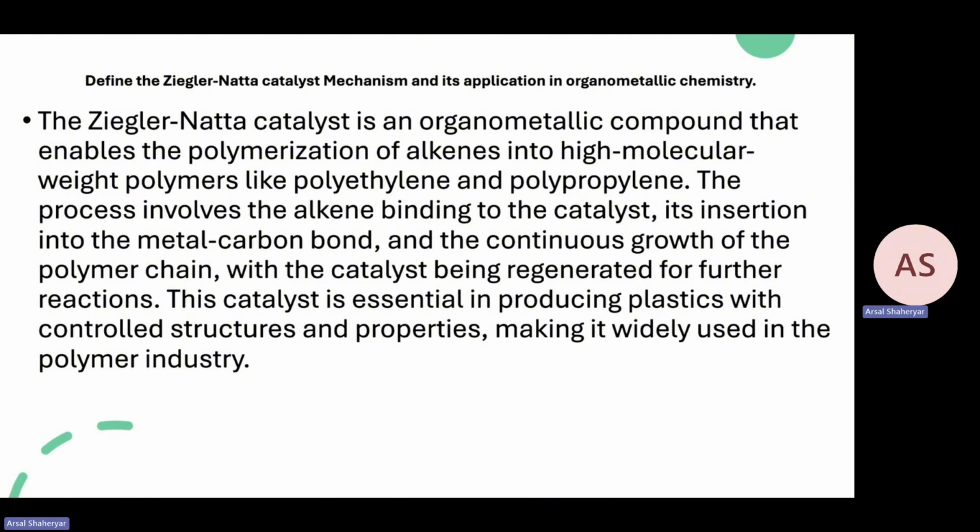The process involves the alkene binding to the catalyst, its insertion into the metal-carbon bond, and the continuous growth of the polymer chain, with the catalyst being regenerated for further reactions. This catalyst is essential in producing plastics with controlled structures and properties, making it widely used in the polymer industry.